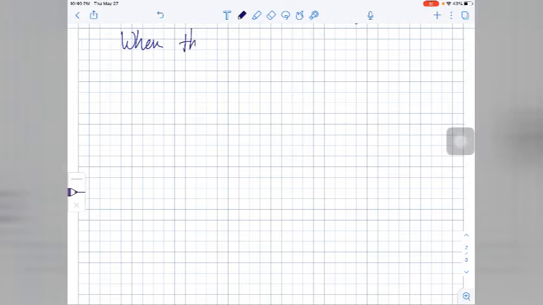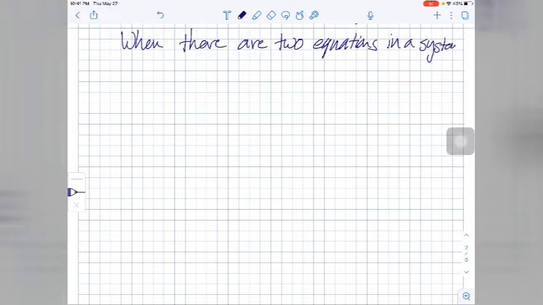So when there are two equations in a system, we're talking about a system of equations now. That's what we've been talking about this whole time. It's like when you see two lines on a graph, you're talking about a system of equations.